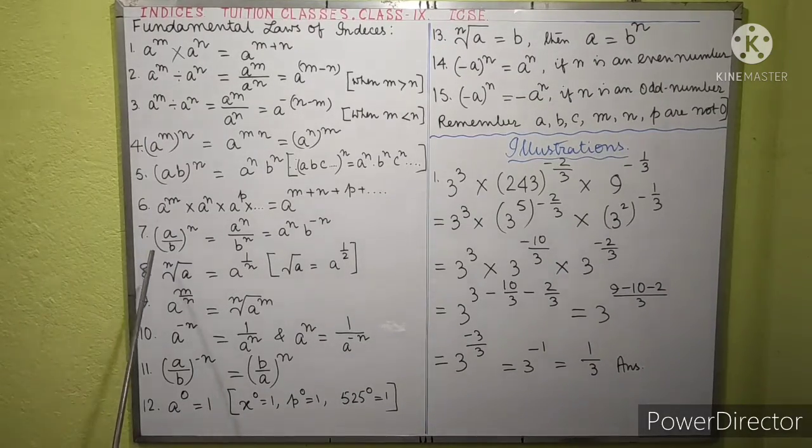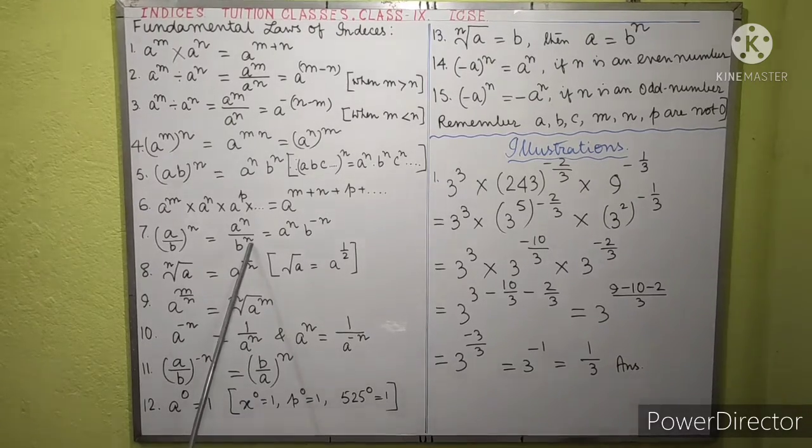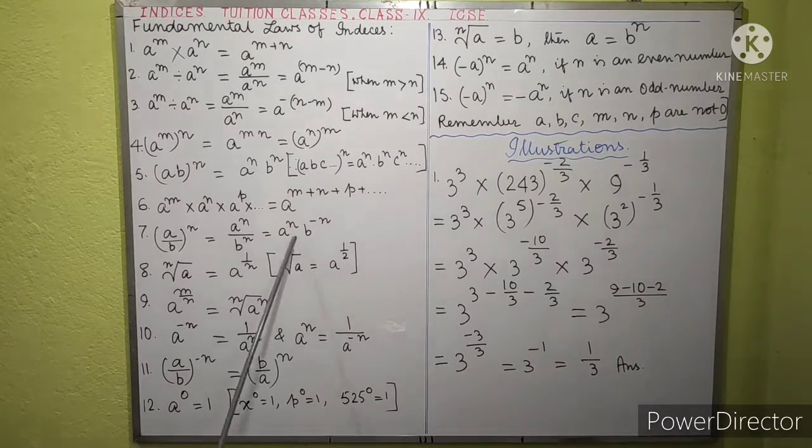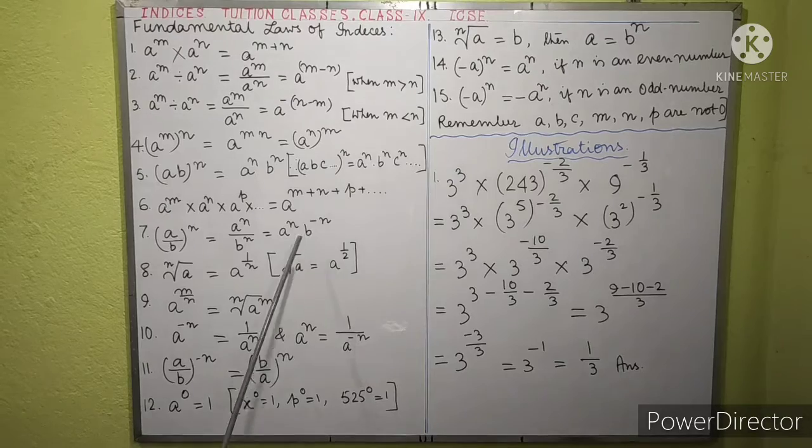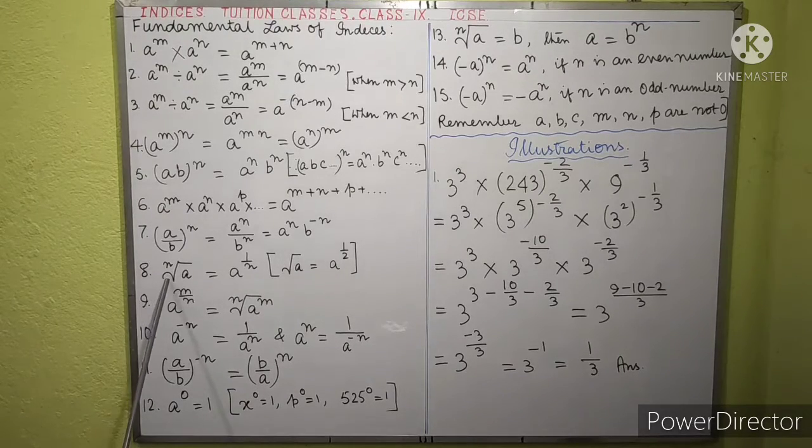Number 7, a by b to the power n equal to a to the power n by b to the power n. Or you may say it this way, a to the power n and b to the power minus n. Number 8, nth root of a equal to a to the power 1 by n.